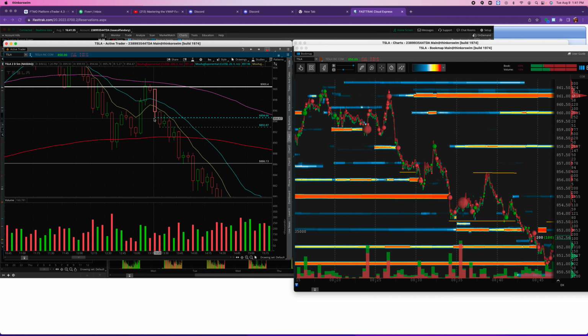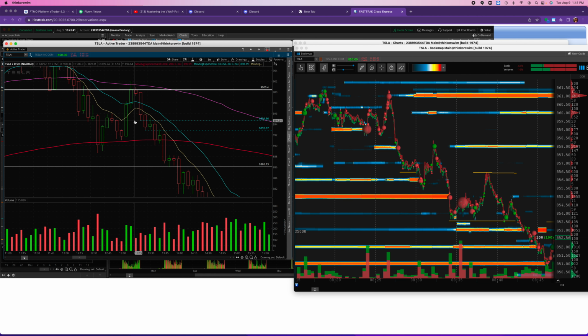That first strong flush down after your seller wicks near VWAP, and this is always going to look different, but the theme is the same, you're going to mark that swing low. That sets up a possible entry 10 to 15 minutes later. If you get another one, set that one up, another possible entry 10 to 15 minutes later.